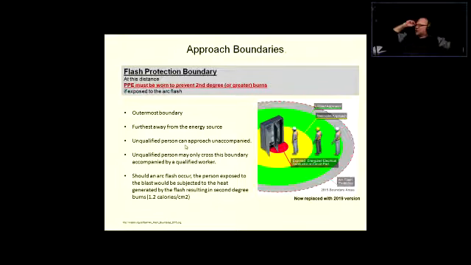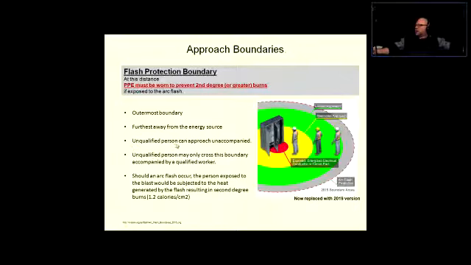Unqualified persons can approach unaccompanied. So if you're a horseshoe maker or a baker or a seamstress, with nothing to do with electricity, you can stand this far, and you don't have to be supervised.